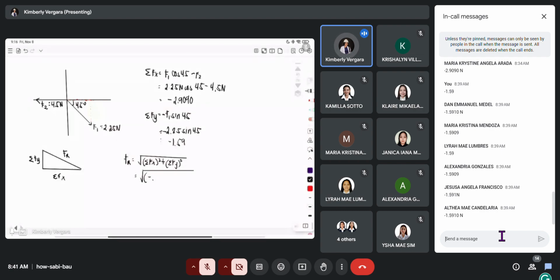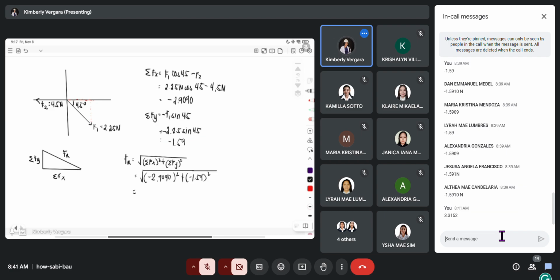Negative 2.9090 squared plus negative 1.59 squared. Okay, ano pong answer natin, class?